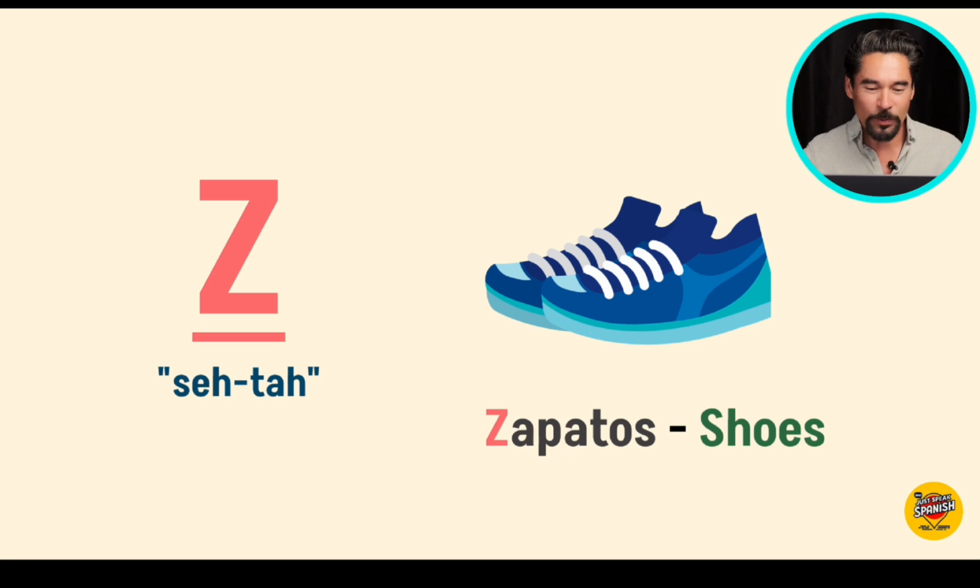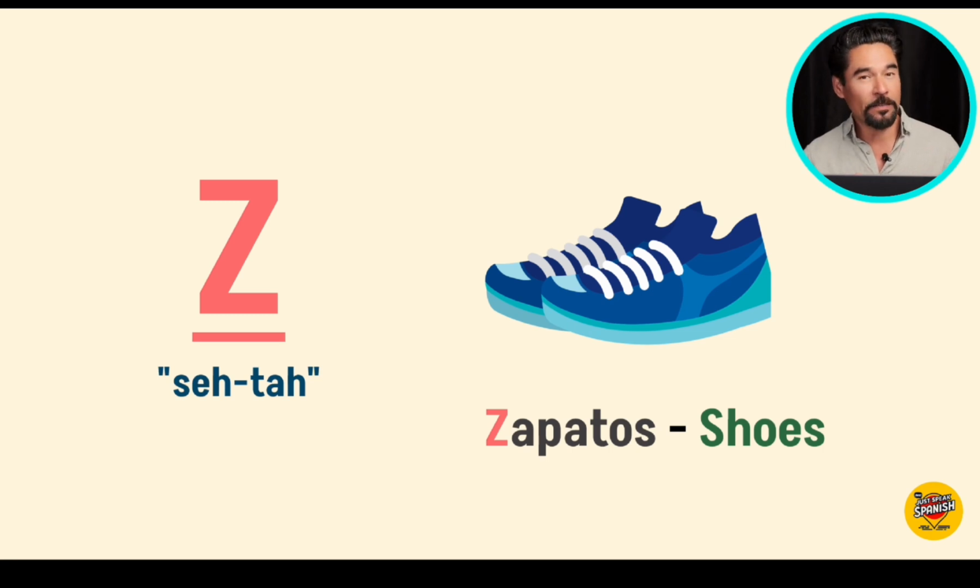All right. And next we have Z. In Spanish it's zeta. Now, because there are differences between Spanish from Spain and Spanish from Latin America, one of the differences that you will see is that the letter Z in Latin America has the same pronunciation as the letter S. So it's pronounced zapatos.